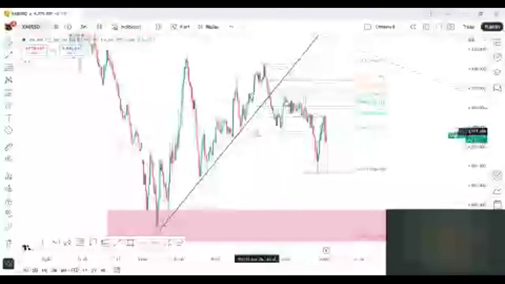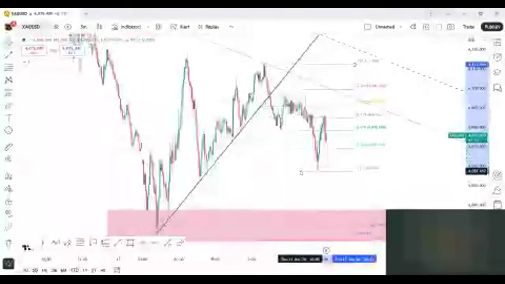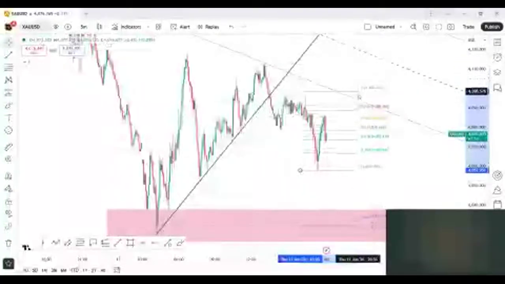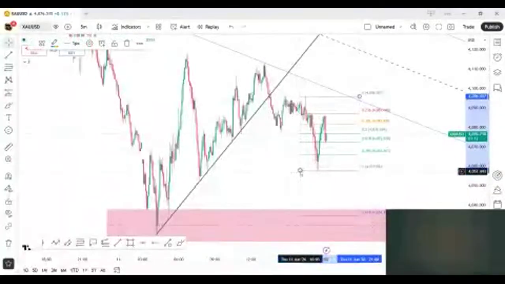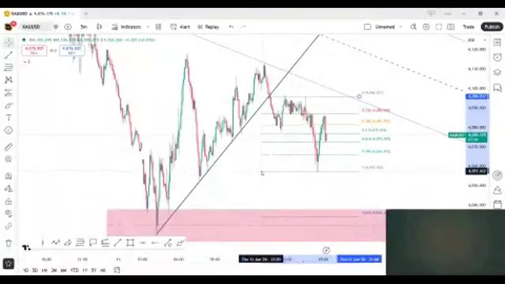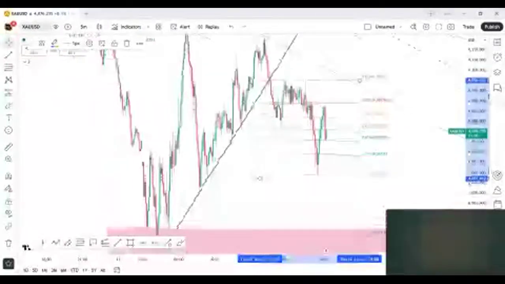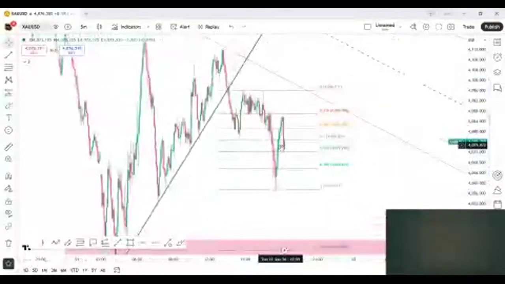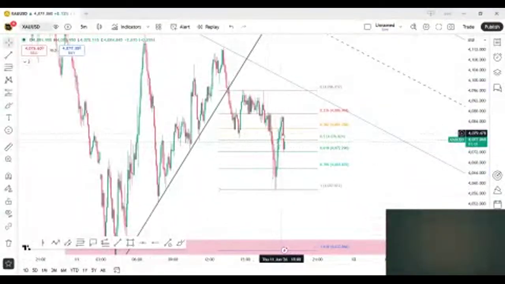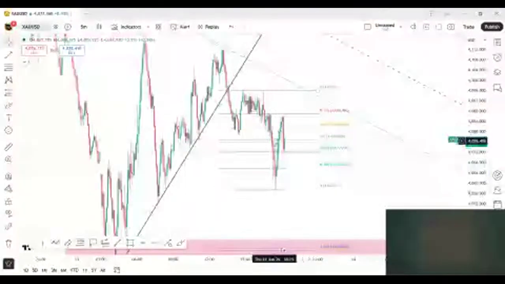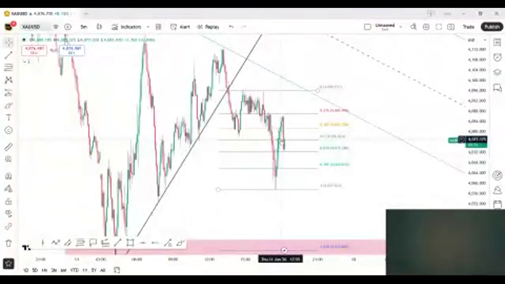If I mark this area like that, and take the retracement of this zone, we can see more clarity that the market has given us the retracement, but unfortunately the market has strong buying power at the moment.